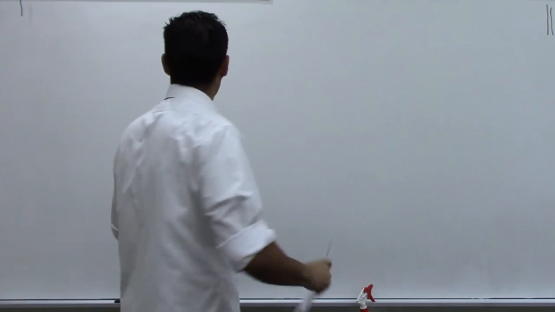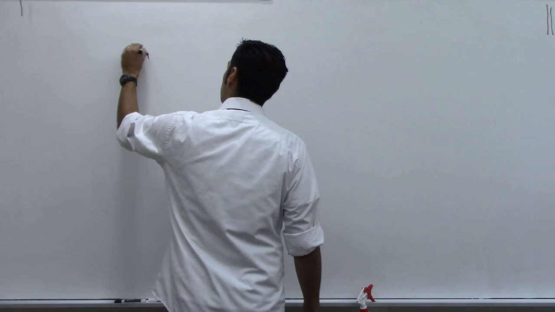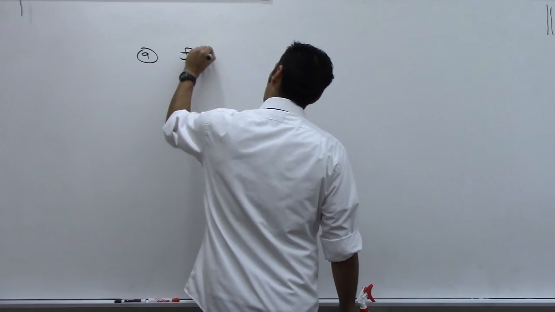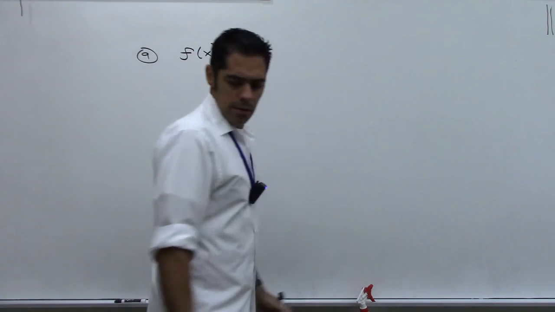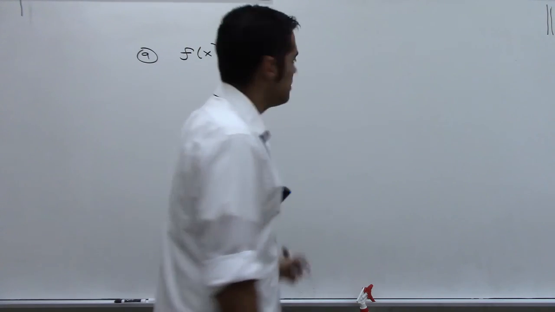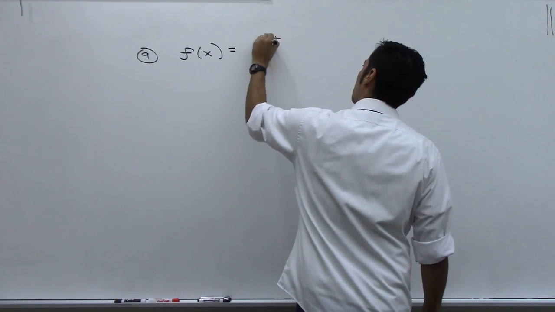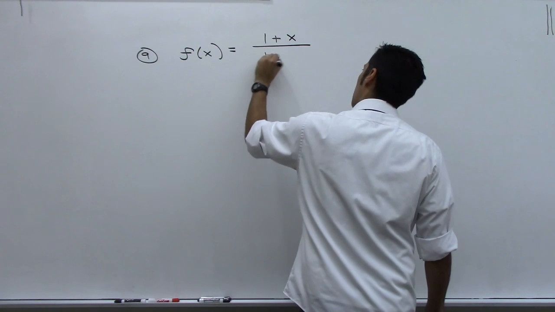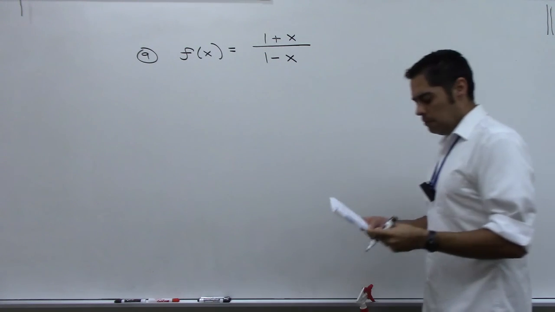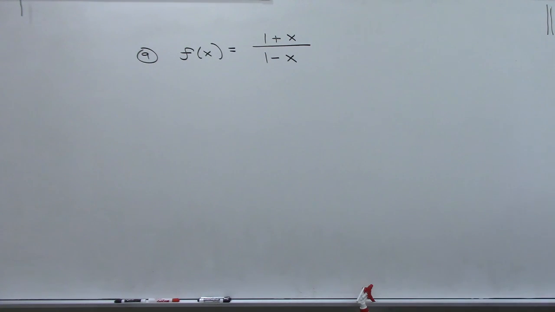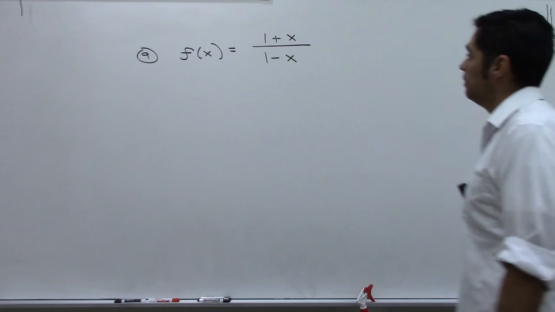Number 9. Oh, 9 looks a little interesting. So we've got 1 plus x over 1 minus x. So there's a couple of ways you can look at this.